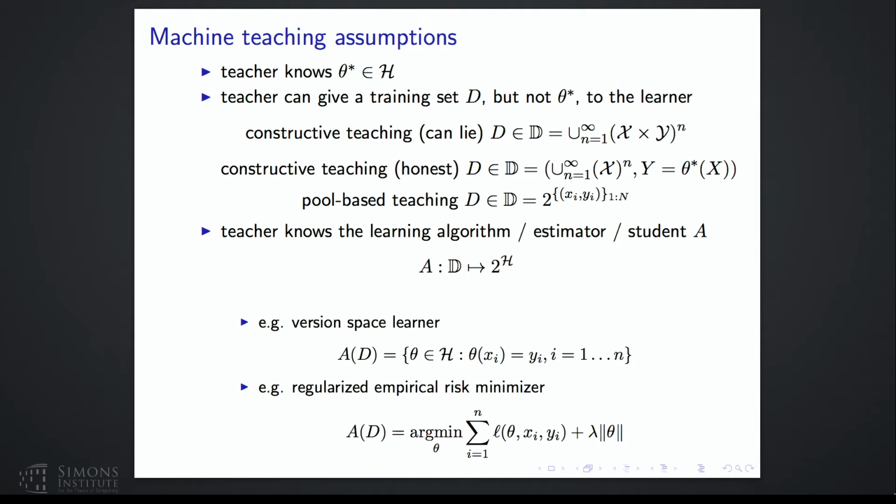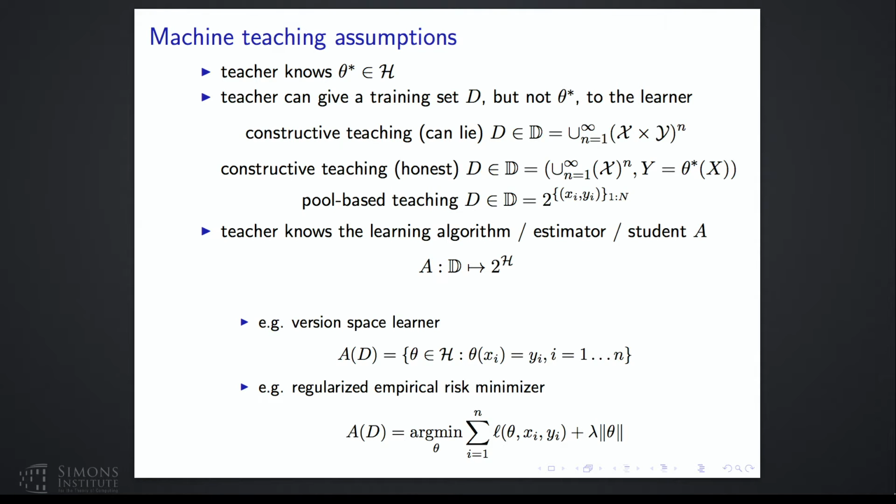The second kind of teacher is, well, an honest teacher. He's restricted in that he can still choose any x from the input space and use any training set size, but the label must be according to the true target. The third kind is even more restrictive.